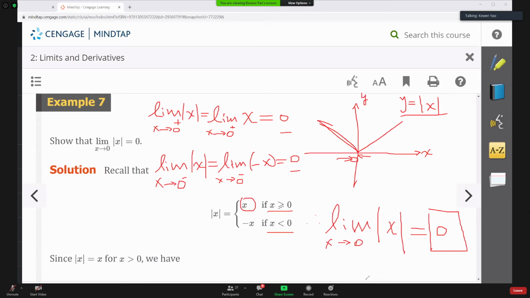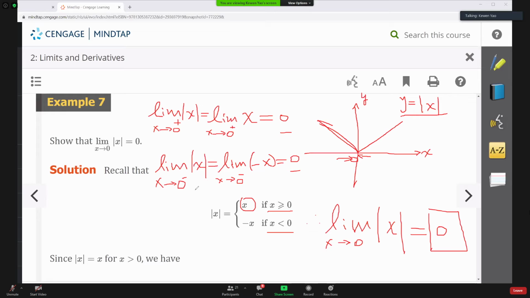This is y equals x, this is y equals negative x. The formulas are different. So you have to handle the right limit and the left limit separately. That's the key part.